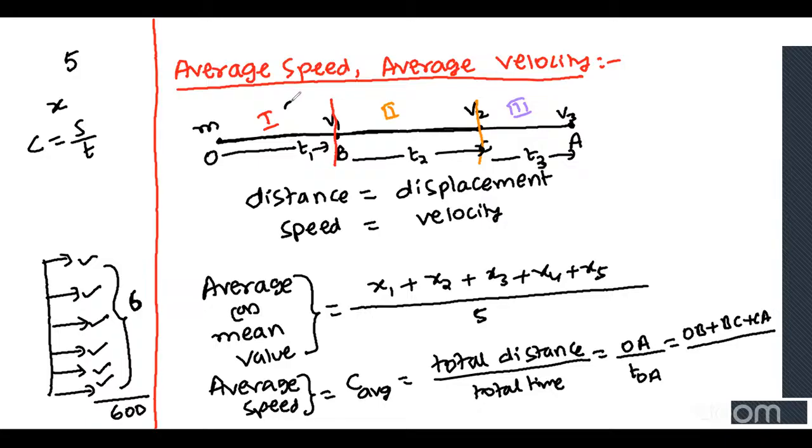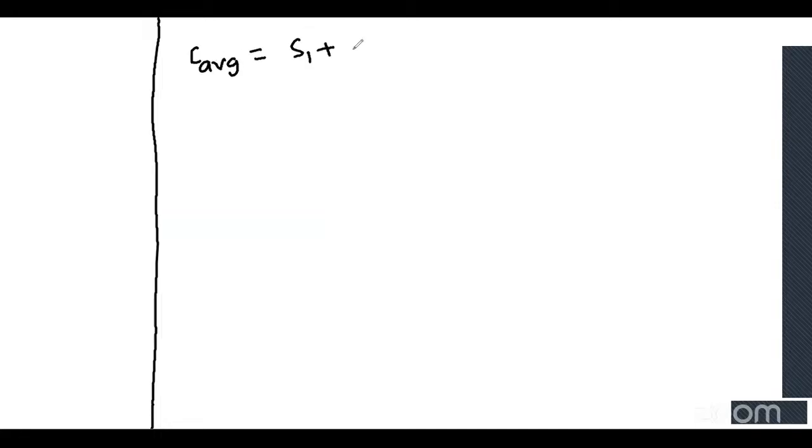Similarly, distances are S1, S2, S3. So average speed, total distance by total time, C average equals S1 plus S2 plus S3 divided by T1 plus T2 plus T3.